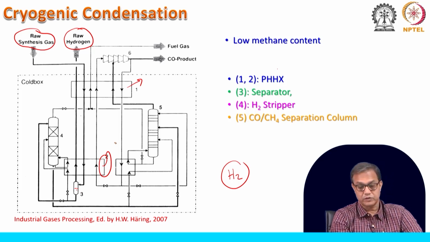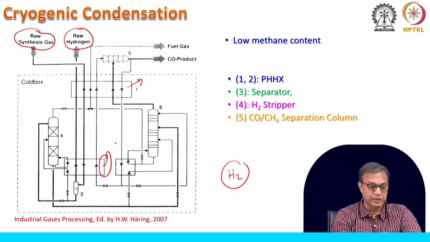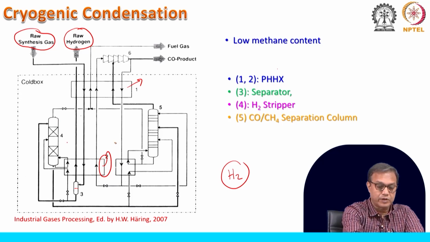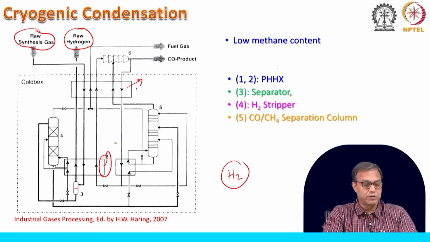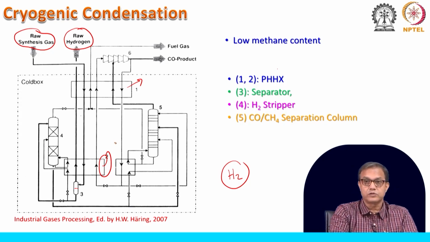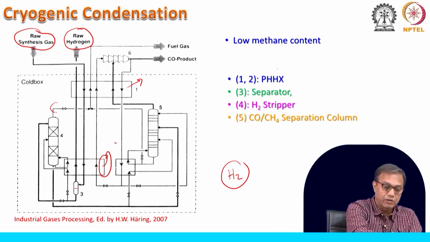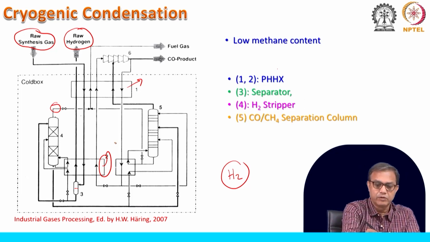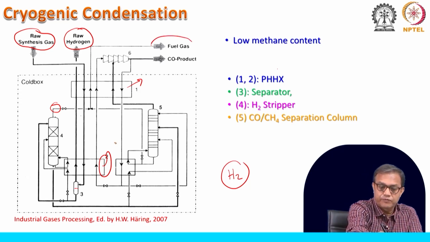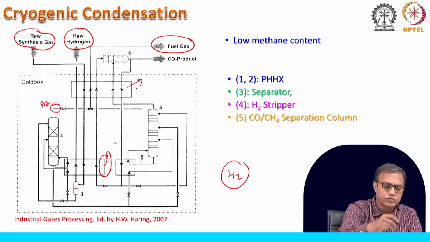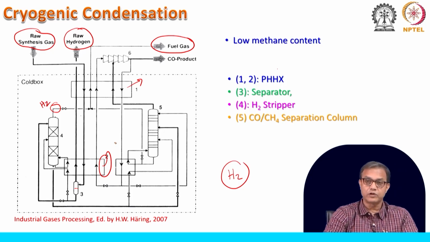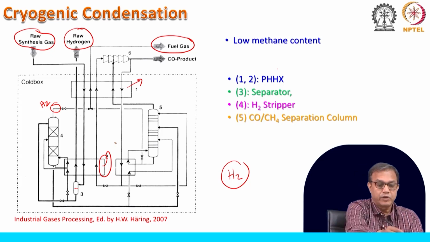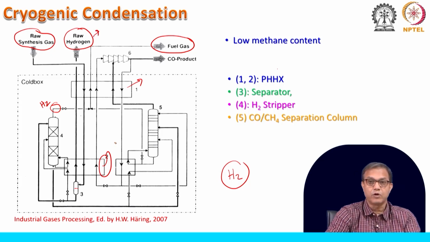This CO-CH4, again, we cannot throw it out just like that. So, here in this hydrogen stripper, whatever remaining part of the hydrogen is there in the CO-CH4 mixture will be taken out from this column, and that will come out as fuel gas. So, that means this is basically the H2 which we could not recover completely, and we could not put it in the raw hydrogen.